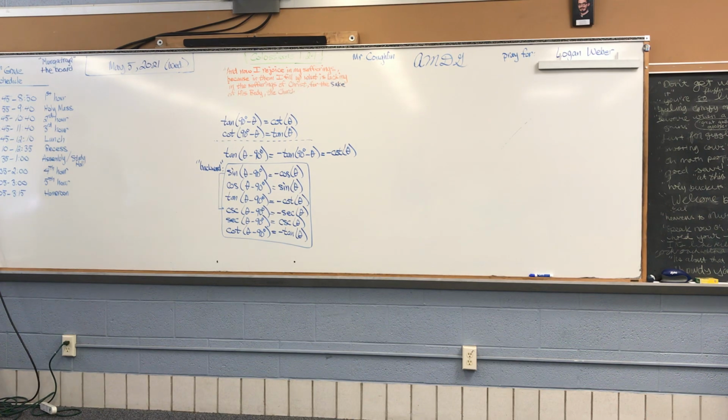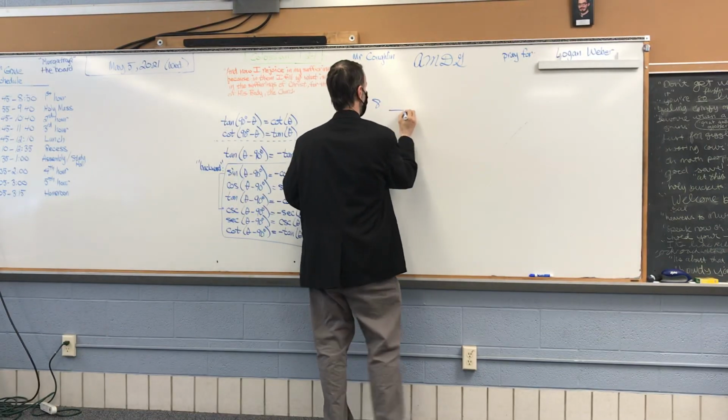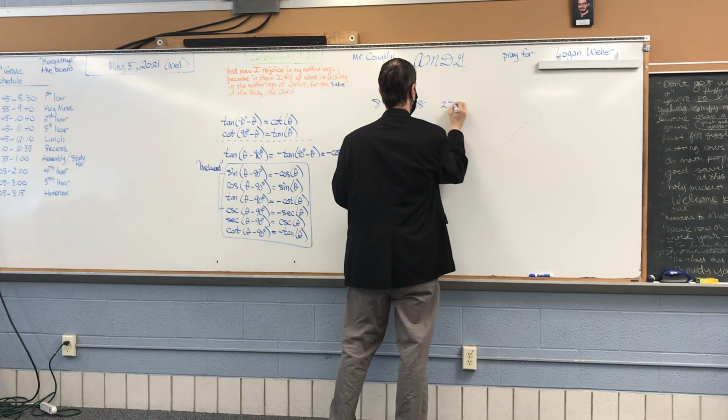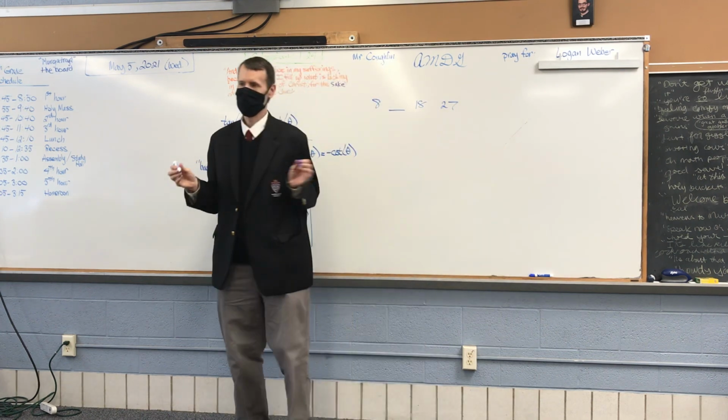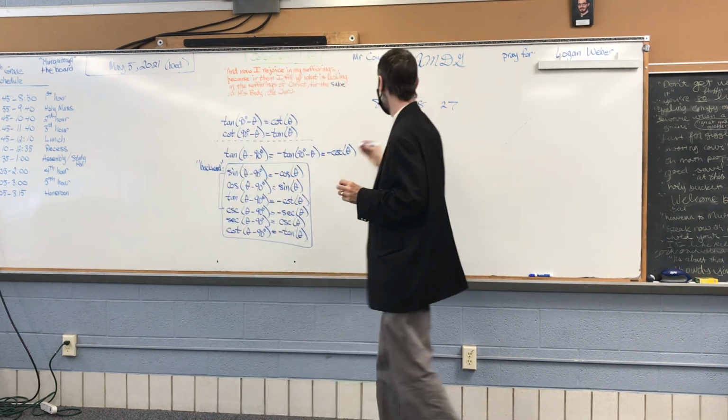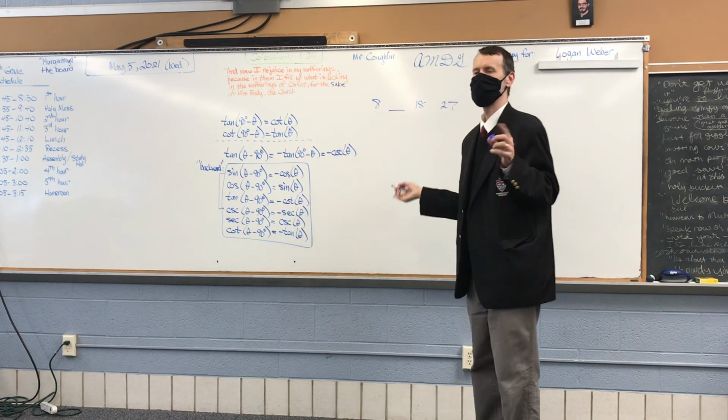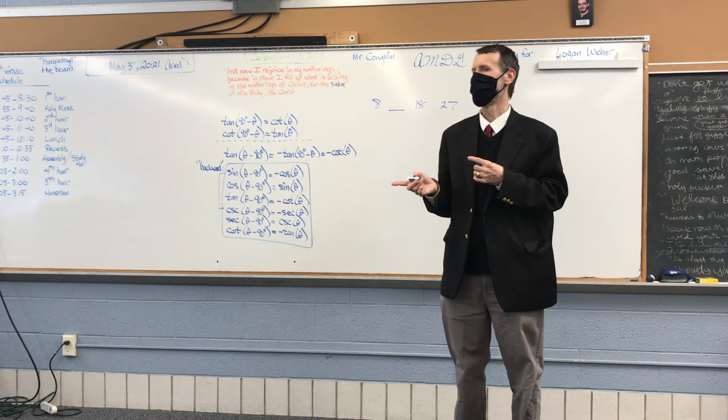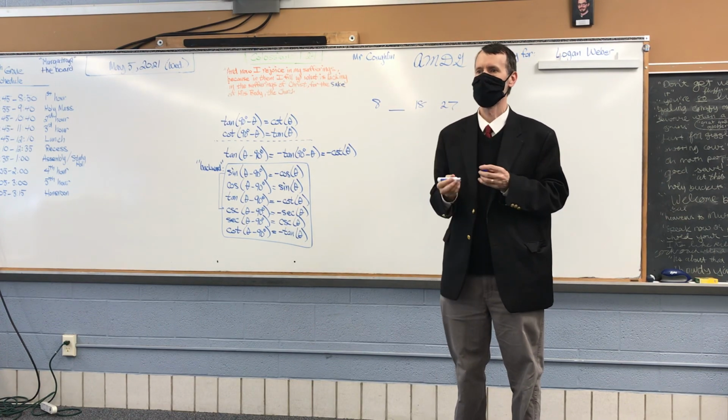Philip? Can you explain how to do 8B? 8B, 8 blank 18 27. Now they told us it's geometric.